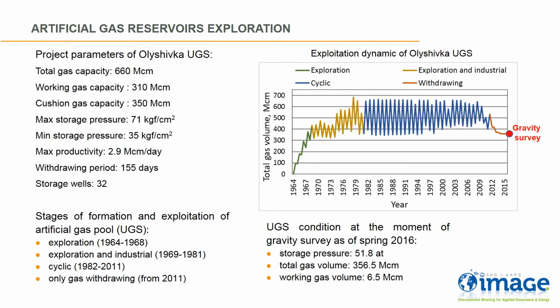Gravity exploration was used for determining the reason for well water inflow because gravity exploration gives an opportunity to separate gas saturated and water saturated rocks. High precision gravity was executed in 2016.